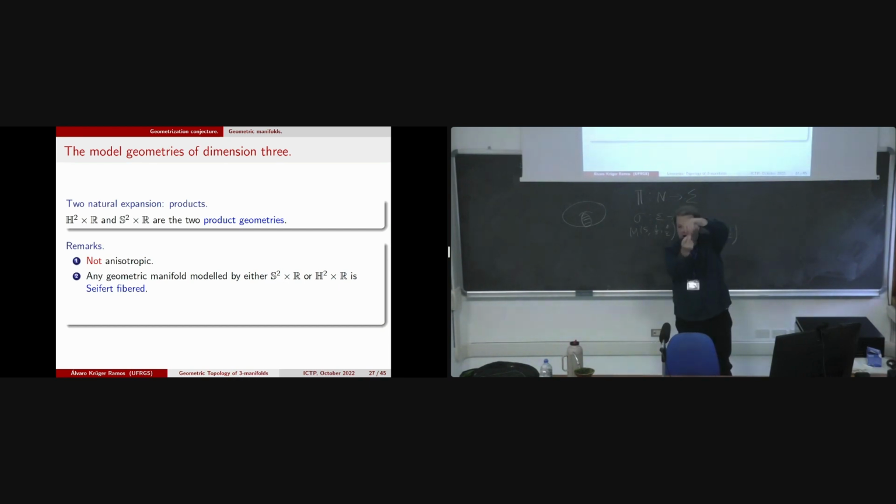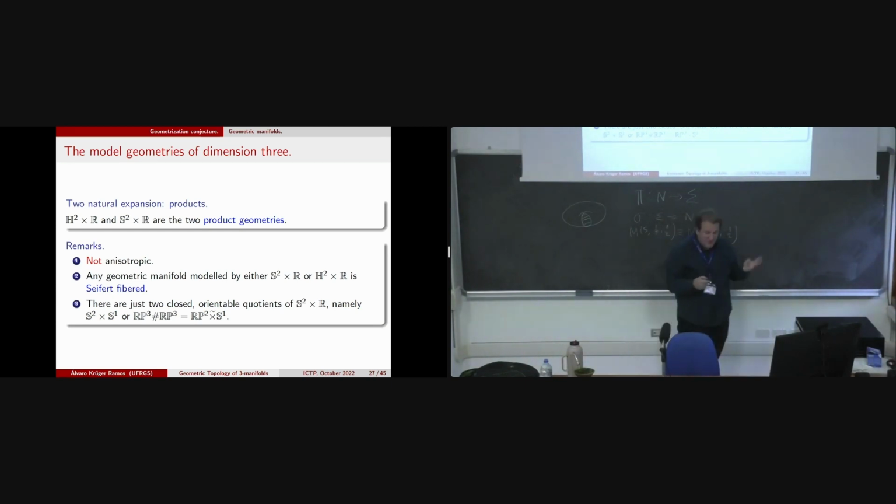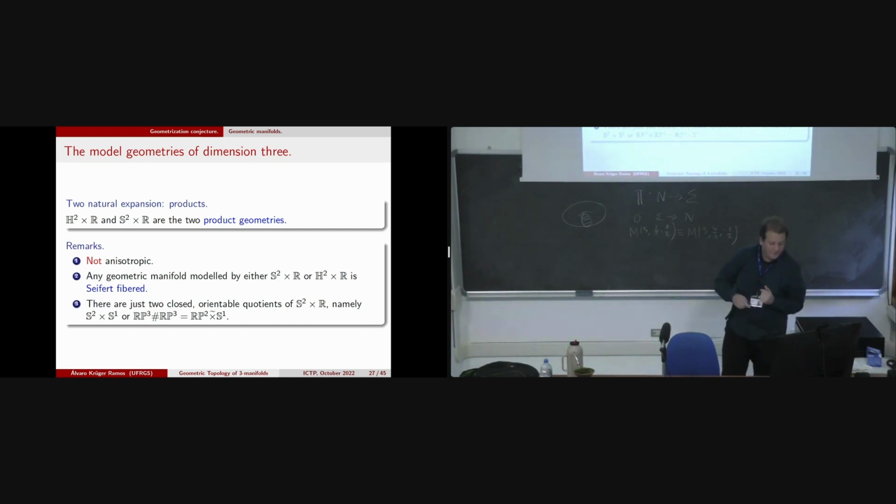You have this R factor, it will have to descend to S1, and you will see this S1 everywhere. There are only two closed orientable manifolds modeled on S2 cross R: S2 times S1, or RP3 connected sum with RP3, which is the twisted bundle of RP2 with fiber S1.